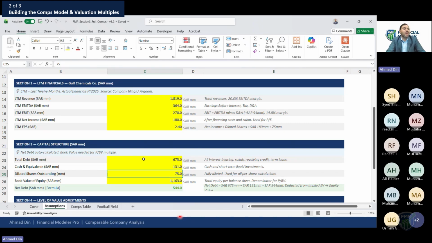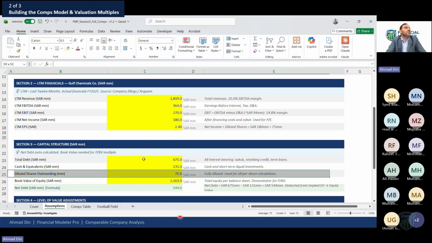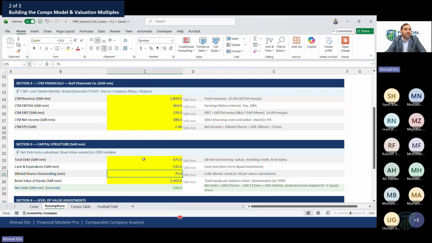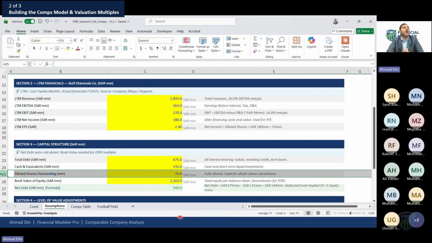We can exclude this for the private company. It is not required, but you can give the number if you want to see the value of one share. Book value of equity means the equity value in the business. So from the financials, we get three numbers only: total debt, cash, and equity value. This one is not required. If you want to add a further enhancement you can, but it's not required.